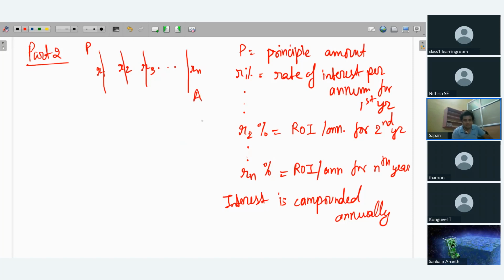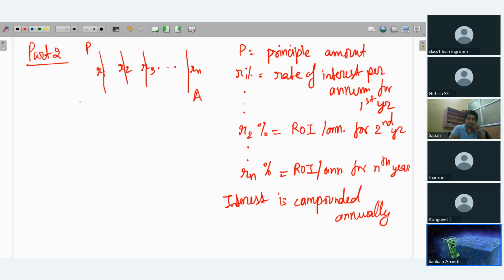The answer is yes. So when the interest differs, right? Sir, the rate of interest differs every time, right? Yes, the rate of interest differs every year. It is fixed like 5%, 10%, 15%, but you already know before the starting. Like it increases or decreases in a pattern.